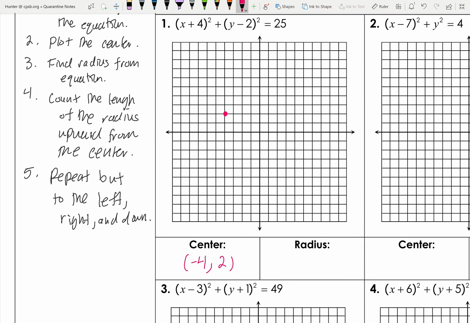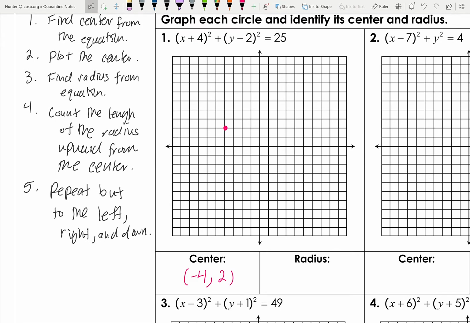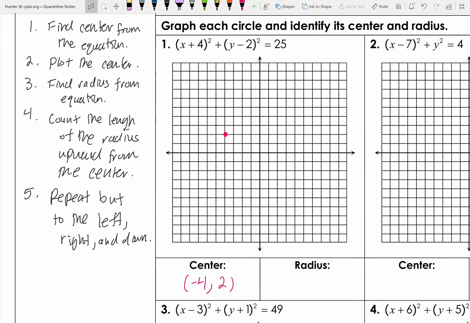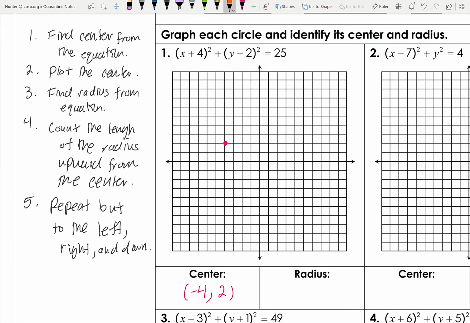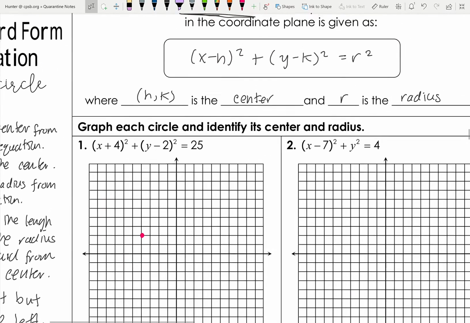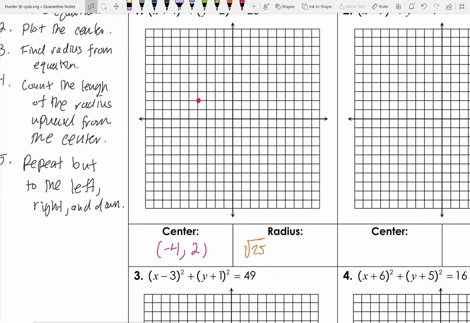Okay. Now let's find the 4 points I'm talking about in step 4. I know my radius is just the square root of 25, because it is r squared in the equation. To find r, you take the square root of whatever that is, and the square root of 25 is 5.